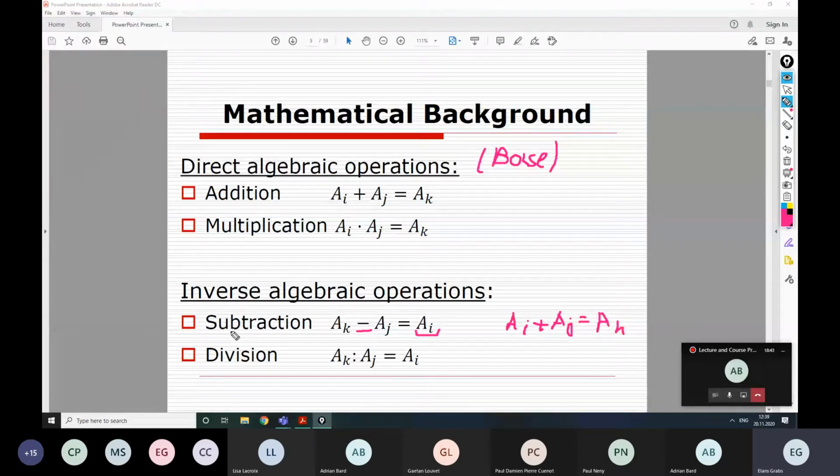So basically inverse operations are defined by these base operations, and the base operations themselves are defined separately, independently of the inverse operations.